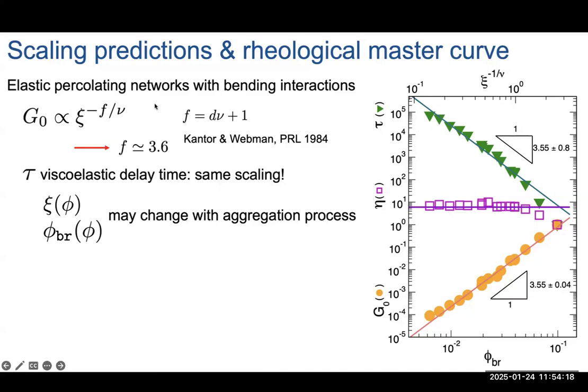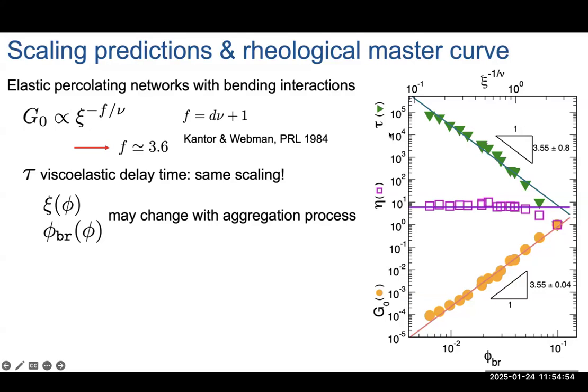And so I have a way to predict this exponent with which the modulus should depend on the distance from this rigidity threshold. And if I look at my shift factors in my master curve, the y shift factor is basically the modulus of my gel, which scales precisely in this way as a function of the amount of branching points or as a function of the size of the blobs. Therefore, that explains that this is precisely where the rheological response comes from.